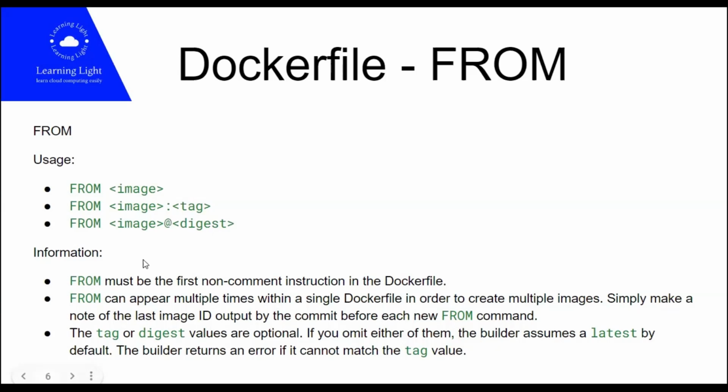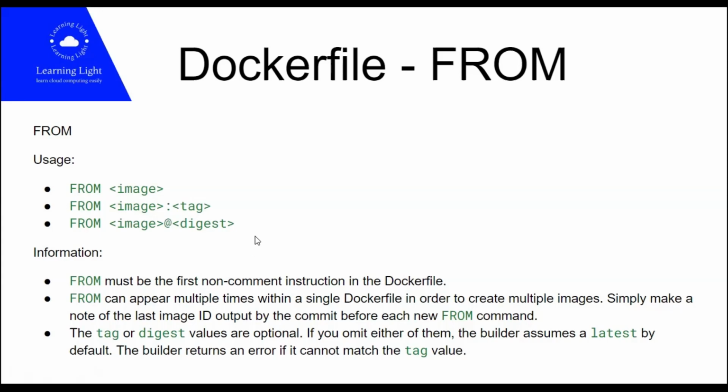You can keep ARG commands before FROM, but typically we start with FROM. This FROM can appear multiple times within a single Dockerfile in order to create multiple images. Simply make a note of the last image ID output by the commit before each new FROM command. I will come to this point a little later, before that I will show you how this Dockerfile can be used to build the image.